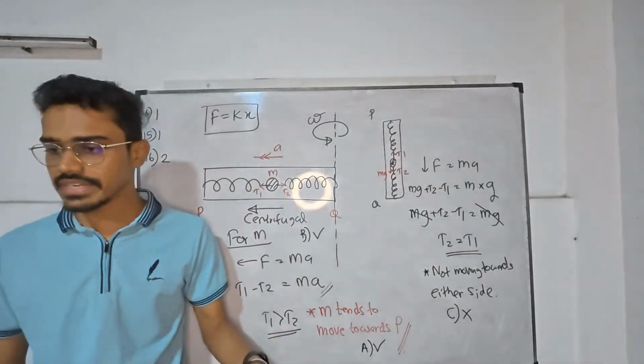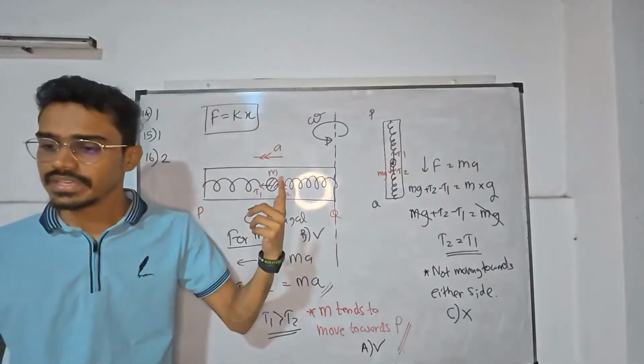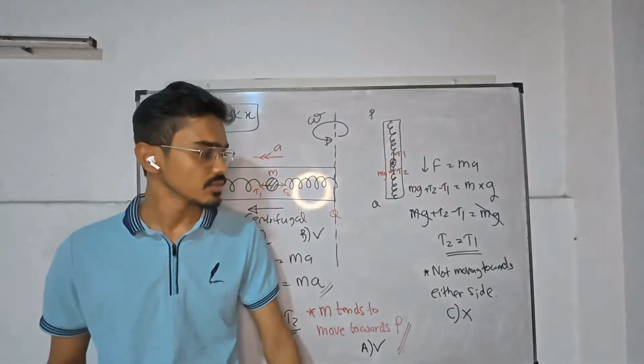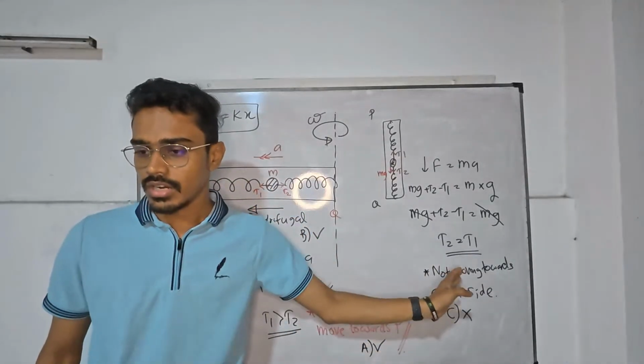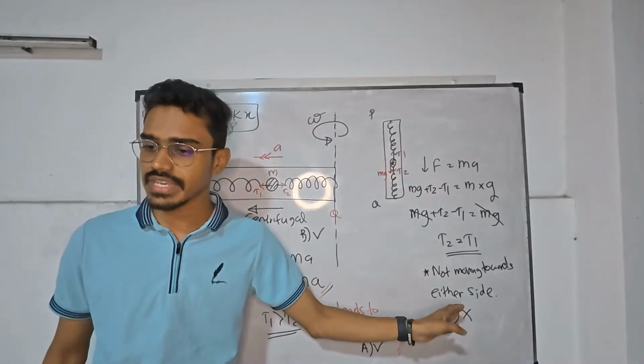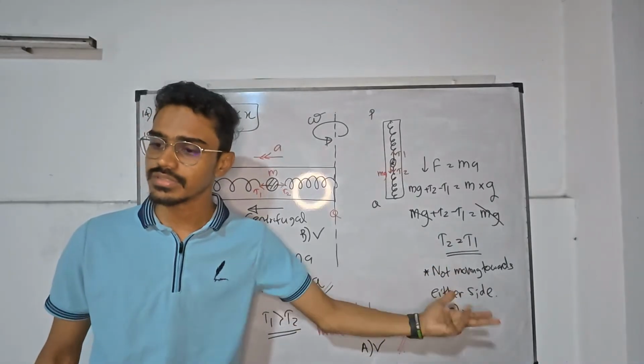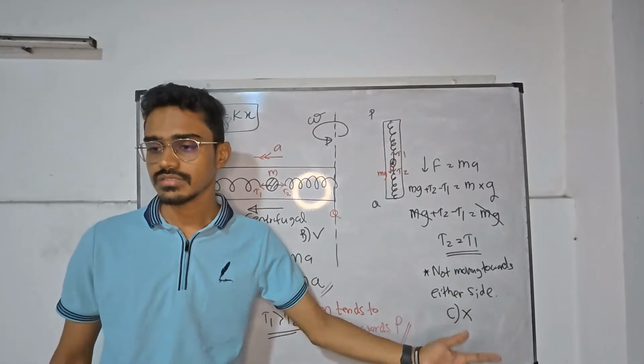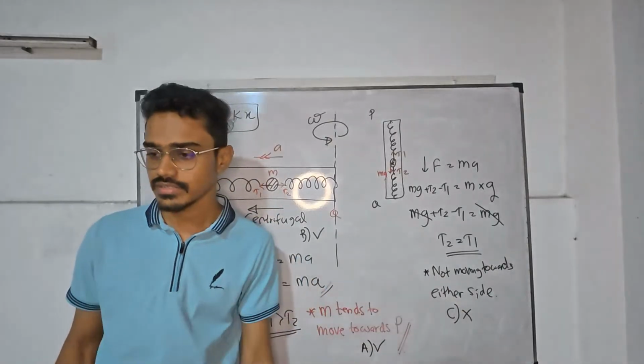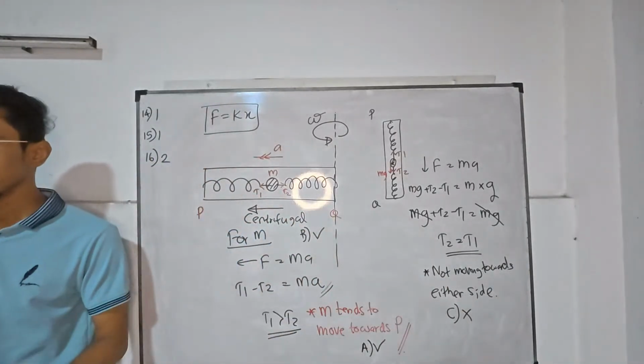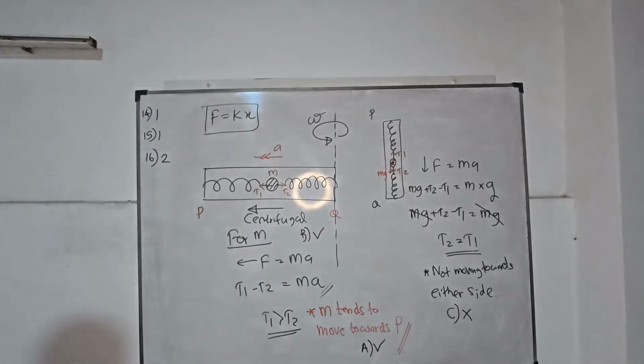When it moves away from center, it's moving towards P. So that is also correct, right? So the option saying there is no motion, not moving, is incorrect. So only A and B are correct, right? Hope it's clear.